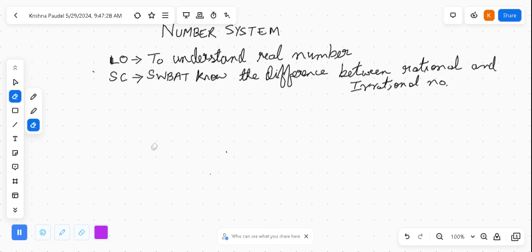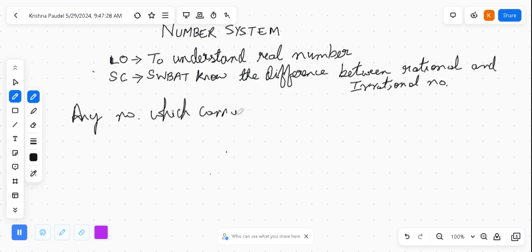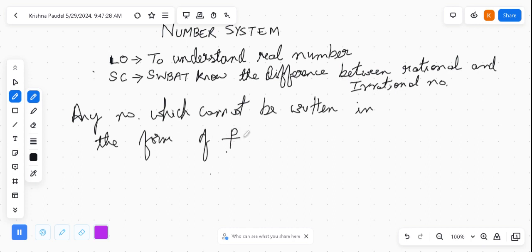So the definition of an irrational number is: any number which cannot be written in the form of p by q.